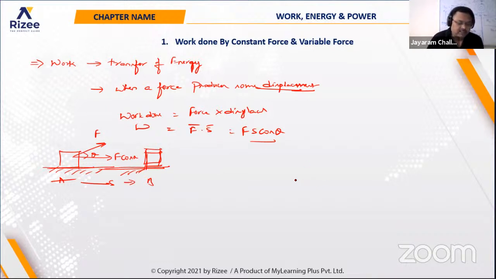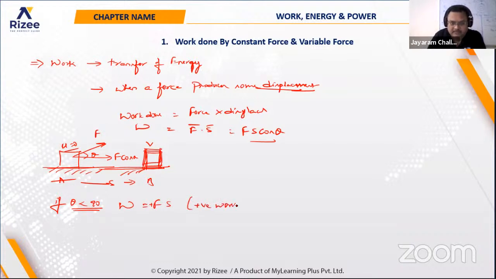Here the work done is nothing but an amount of energy that is transferred. Suppose it has velocity u equal to 0, starting from rest. By doing certain work, you are giving a transfer of energy in the form of kinetic energy. So your work done can be positive as well as negative. If theta is less than or equal to 90 degrees, then work done W is equal to Fs, which is the positive work.